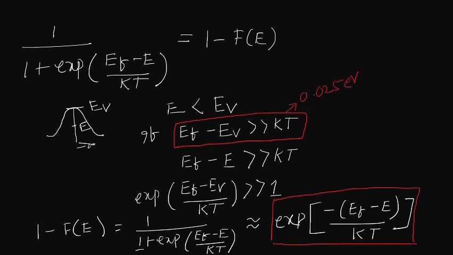Using this value of 1 minus f of E, we can now write P naught, the whole concentration in thermal equilibrium in the valence band, as the integral from minus infinity to EV, substituting the value of gV of E, which is 4 pi divided by h cube.